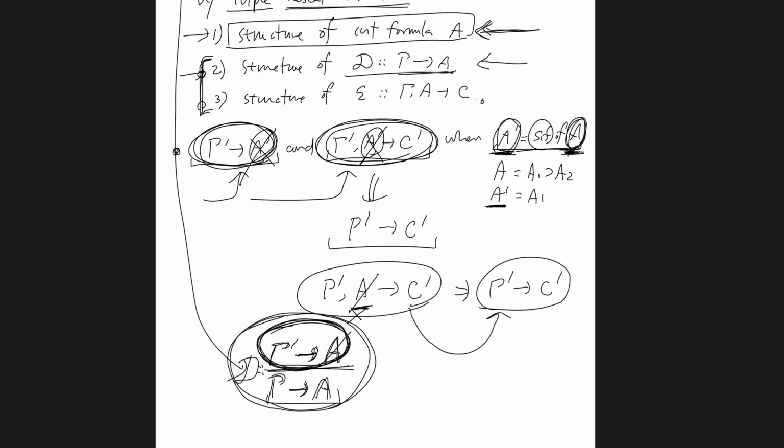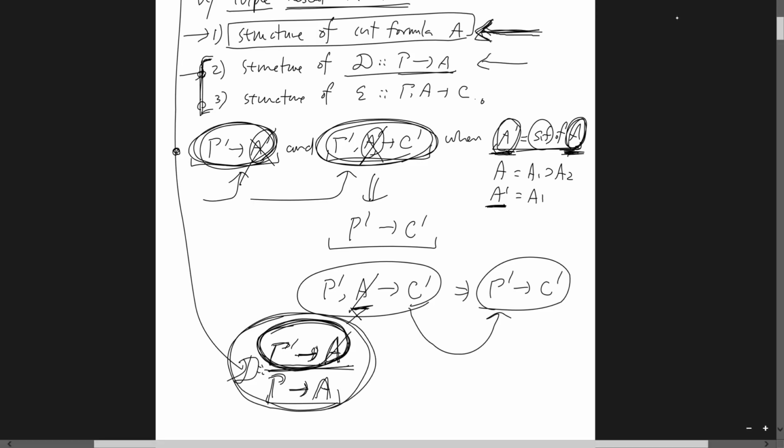So even though the cut formula is the same, because this proof is smaller than this one, the structure of this proof doesn't matter. So we can ignore this case, and we can obtain this sequent. That's the second case.